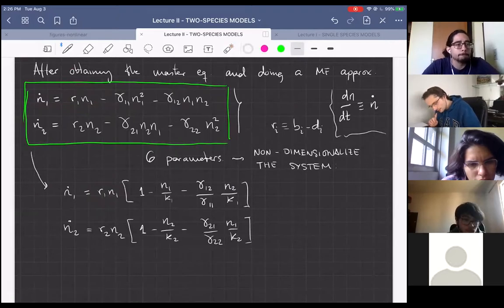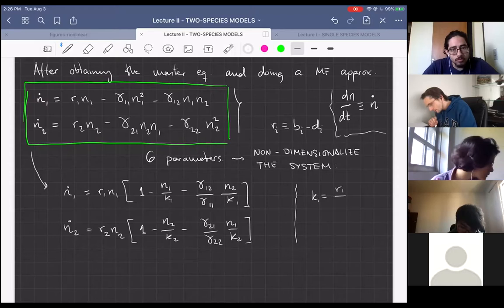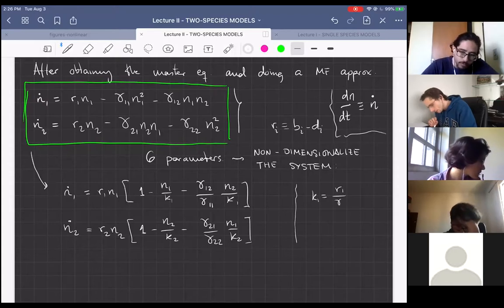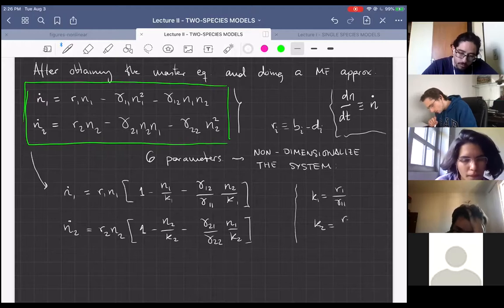So from this step, what I'm doing is K1 is equal to R1 over gamma 1,1, and K2 is equal to R2 over gamma 2,2. So it's a matter of rewriting the equations.